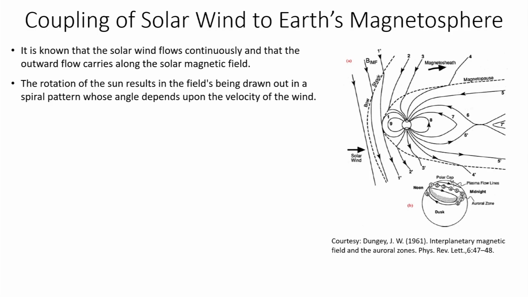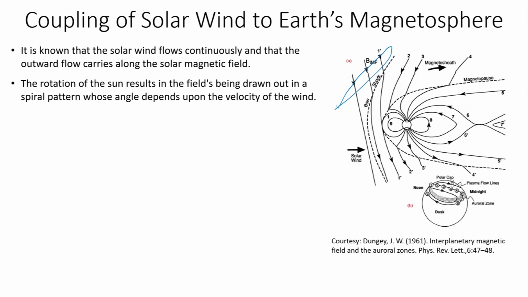These lines are the interplanetary magnetic field, and this direction is the southward direction. So in this region a magnetic reconnection happens and the magnetic field breaks down.